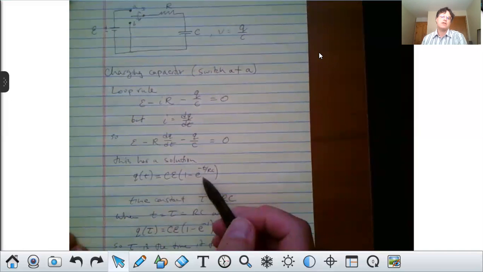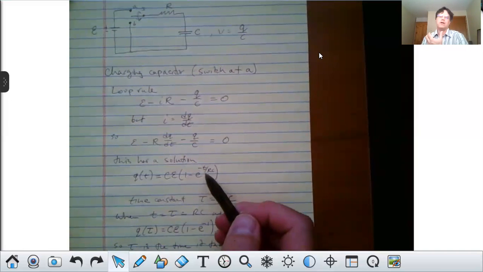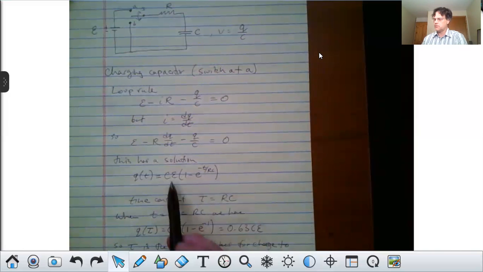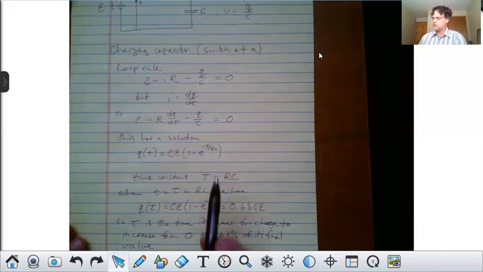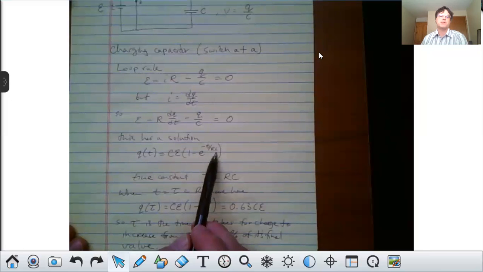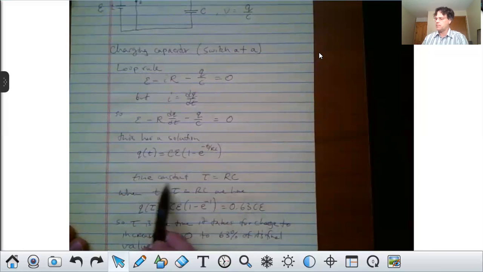So eventually, at very, very long time, the capacitor reaches its full charge, which is CE or CV of the battery. One thing you'll notice in the equation for the solution, there's this resistance times capacitance, and we call that the time constant of the RC circuit.